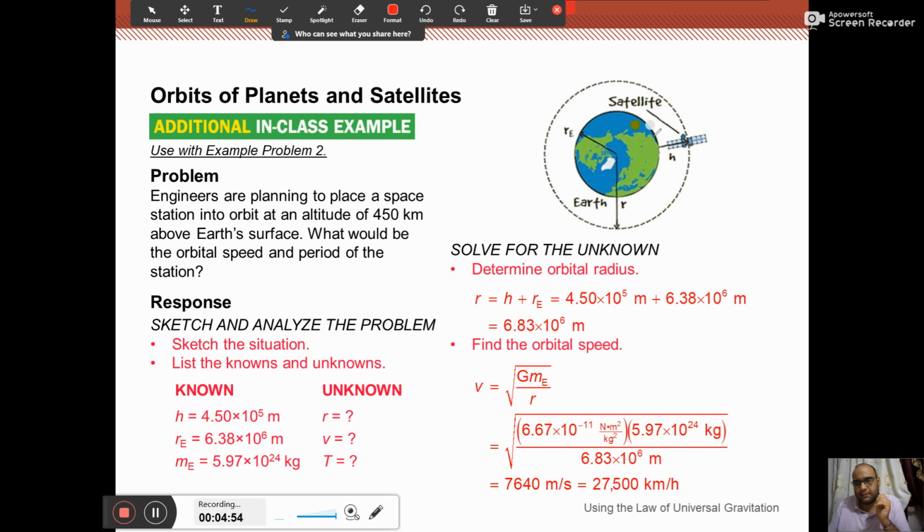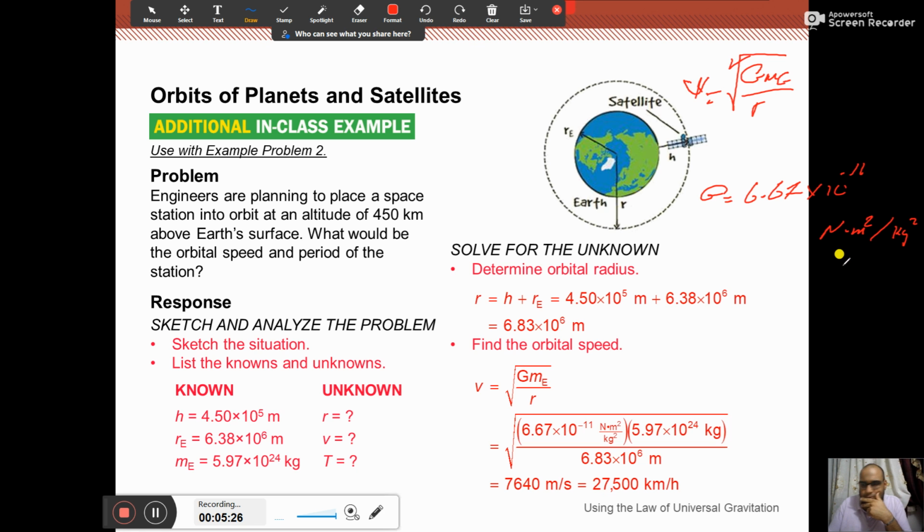I need to explain something here which is very important. V is equal to the square root of G M_E over R. G is the gravitational constant, equal to 6.67 times 10 to the power negative 11 Newton times meter squared per kilogram squared, or another unit: meter cubed, kilogram to the power minus 1, second to the power minus 2.